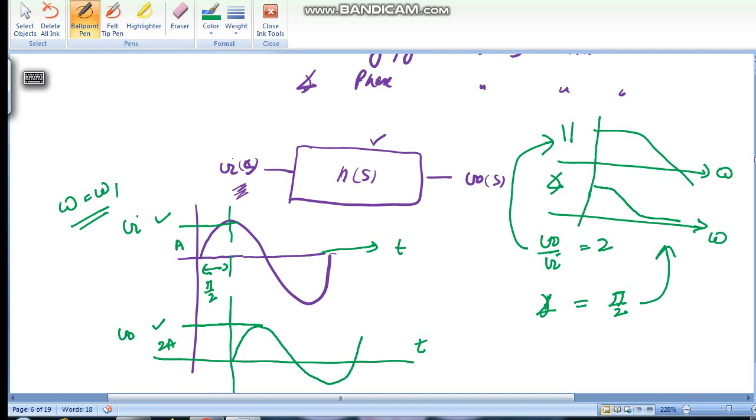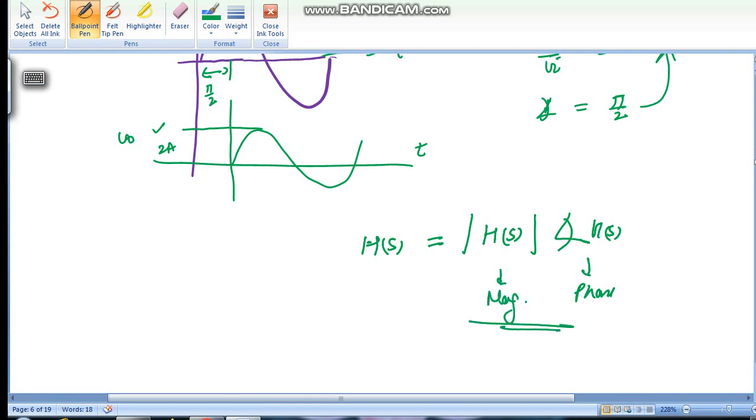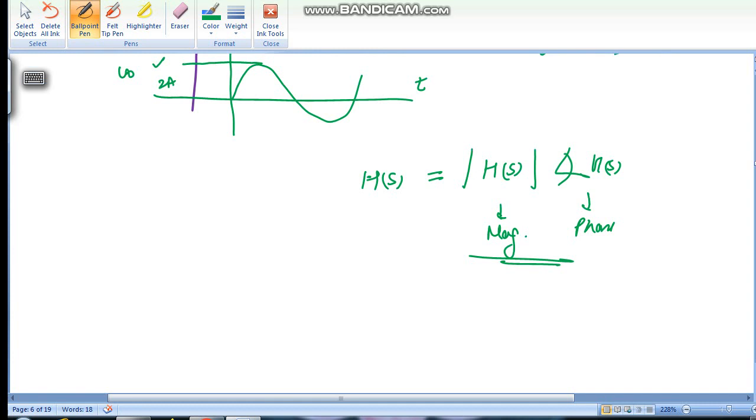We can represent our system, say H(s) is our system. So this transfer function or response for the system can be represented by magnitude and phase response. So this is phase and this is magnitude. So this is about the basic concept of Bode plot.